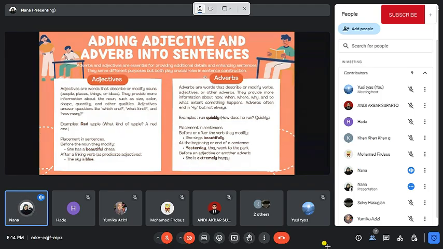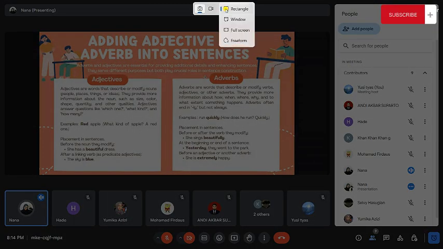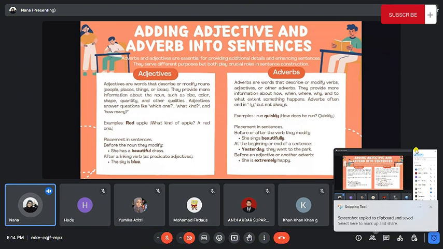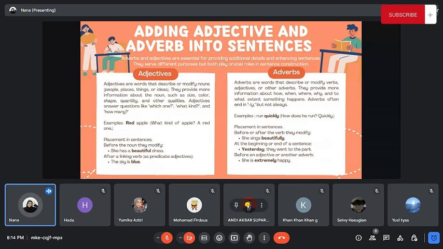Adverbs are words that describe or modify verbs, adjectives, or other adverbs. They provide more information about how, when, where, why, and to what extent something happens. Adverbs often end with ly, but not always. For example, run quickly.